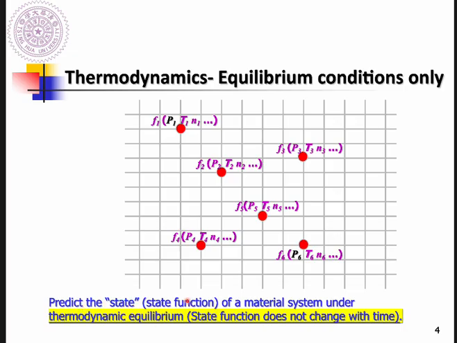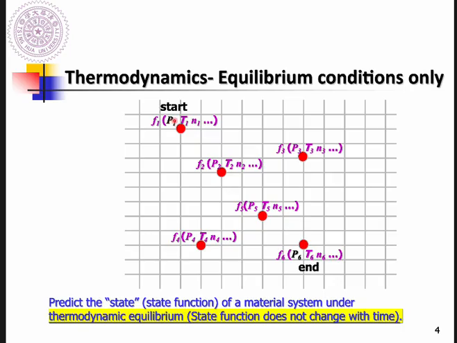This state actually means the state function of a material system under thermodynamic equilibrium, which means that this state function does not change with time. So the pressure is not going to change with time, temperature as well. This state is an equilibrium condition, so all the parameters do not change with time. This is quite important. This is defined by thermodynamics.